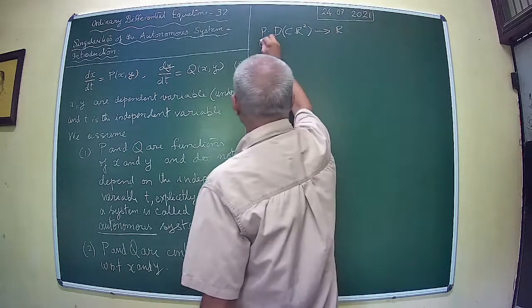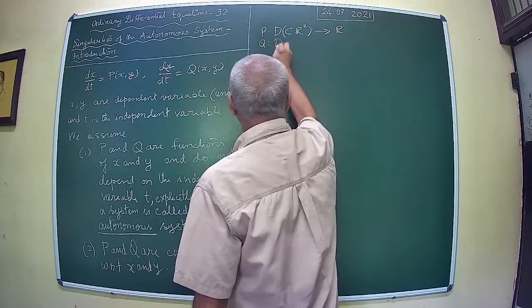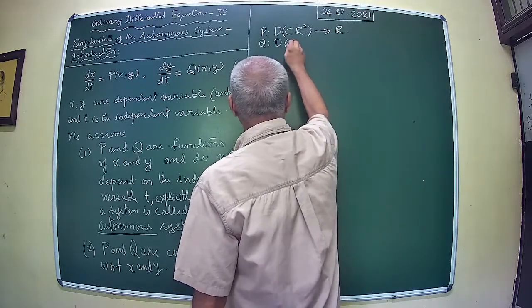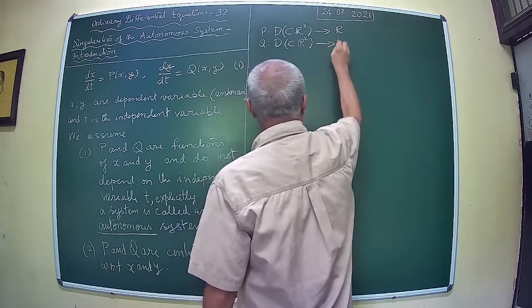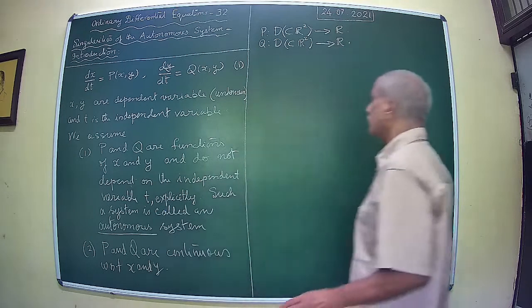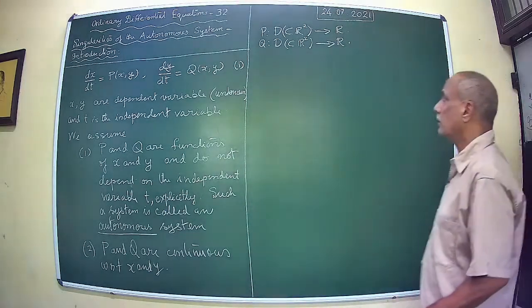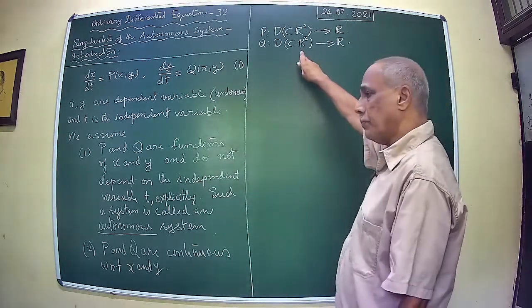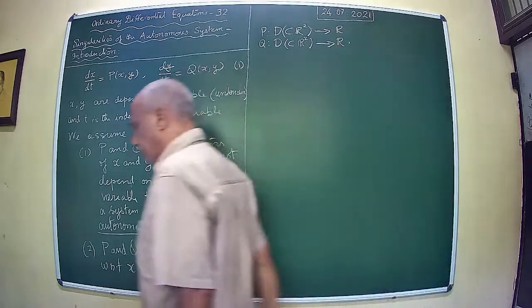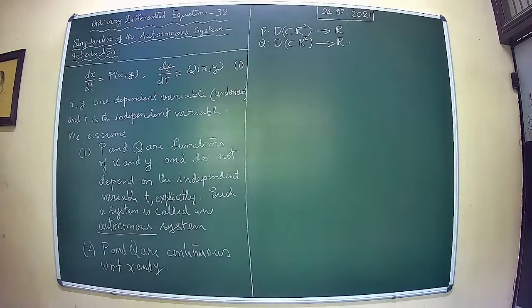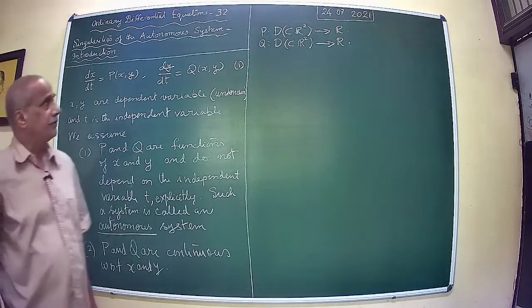Q is also a continuous function defined on D. Both are real valued functions. So as a map from a part of R2 to R, we are assuming the function is continuous with respect to both the variables.